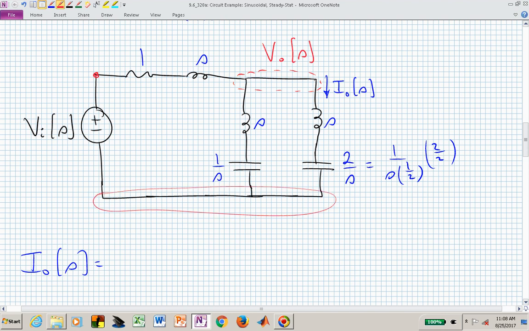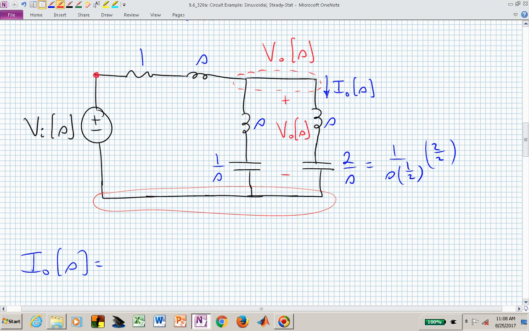Let me call this node V sub 0 of S. So this is now plus V sub 0 of S. That's the voltage across these two parallel combinations of inductor and capacitor. And that's really the only unique voltage that we need other than the applied voltage of our voltage source V sub I. So now in terms of V naught of S, what is I sub 0 of S?